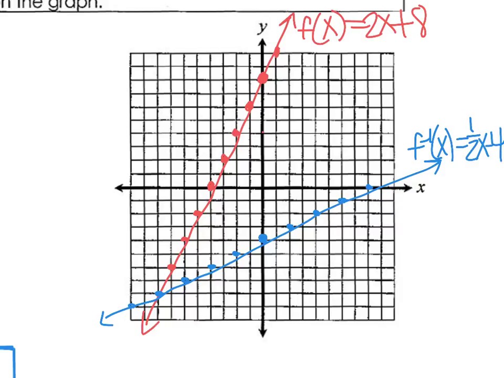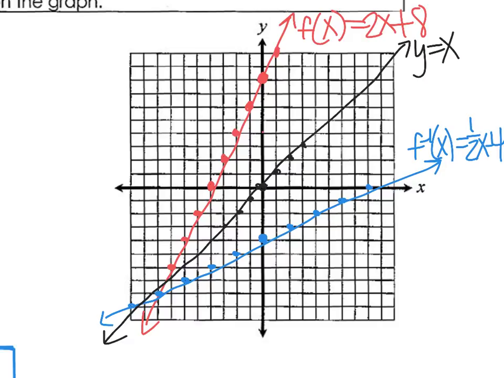Now, if you were to draw the line y equals x, right, it would be this line right here. We know it goes up 1 over 1. So this is our line, y equals x. We can verify that this is an inverse relationship because our red line is reflected across y equals x, and that gives us our blue line.